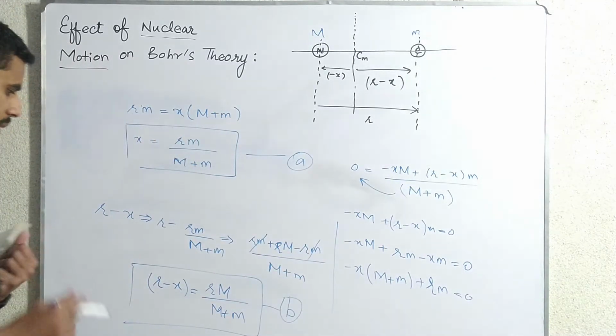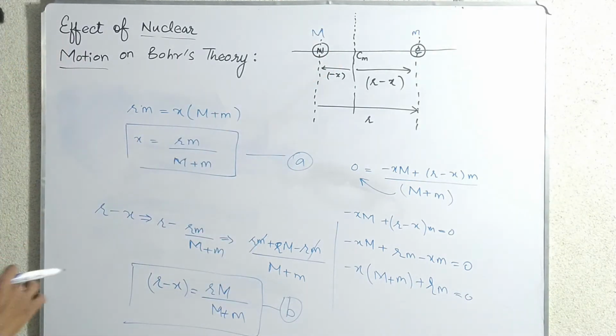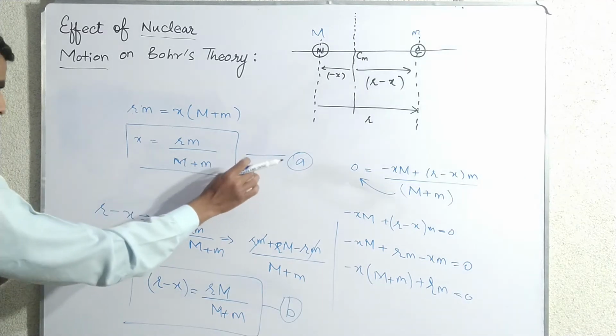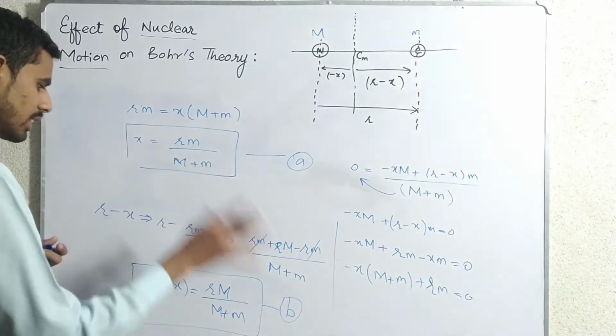So now I'm going to write these two equations here above, which we are going to use as equation number A and B. Now we have found out how we got these equations.